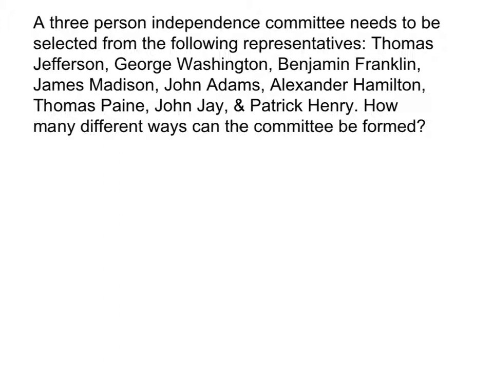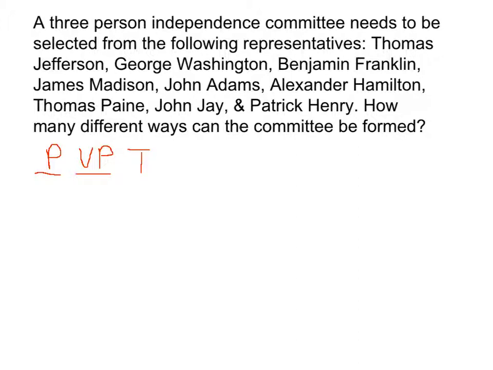But what we have to remember is that in the first problem, if we look at our possibilities again here, we had president, we had vice president, and we had treasurer.